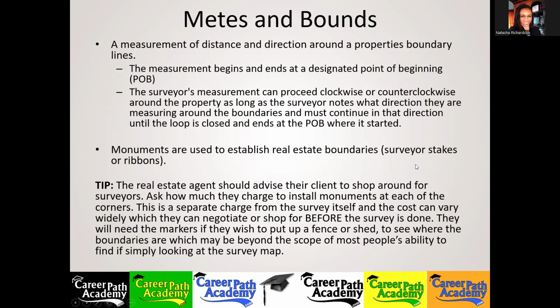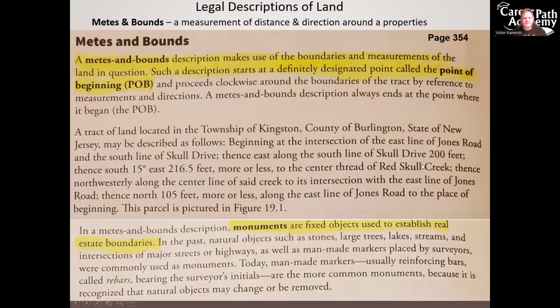Okay, so let's see. Let's do this highlight now, page 354, metes and bounds.